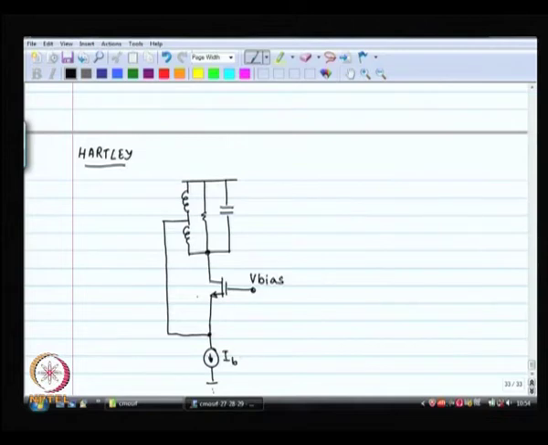Now I am not going to show the biasing over here, it is not terribly easy to see what is going on with the biasing, because if I put a current source to bias over here, all that current is going to go through this, nothing is going to go through the MOSFET. So, that is not going to be a correct biasing strategy.